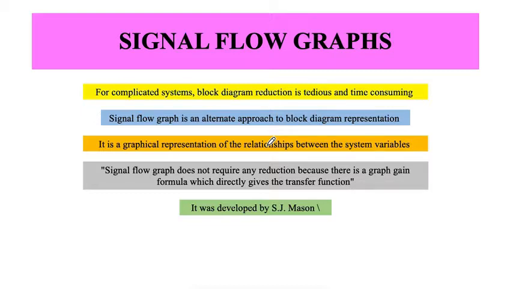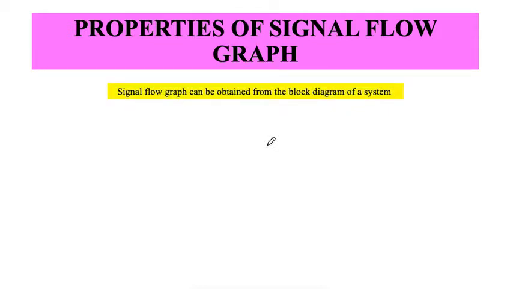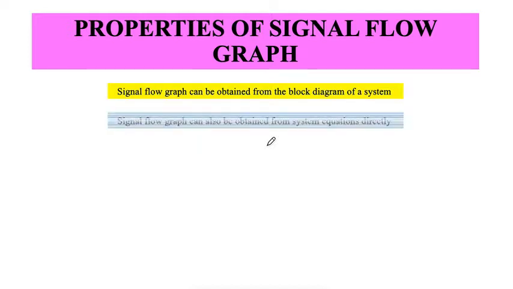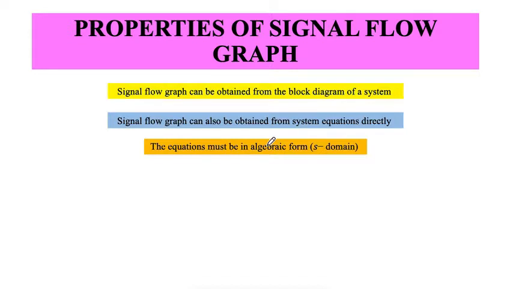So how does the signal flow graph look? I start with the block diagram, or I could also start directly from the system equations, skipping the block diagram. I just start with system equations, which are essentially linear equations, written in the Laplace domain. As said earlier, all our Laplace-based analysis is based on linear systems, and this is also a linear system.